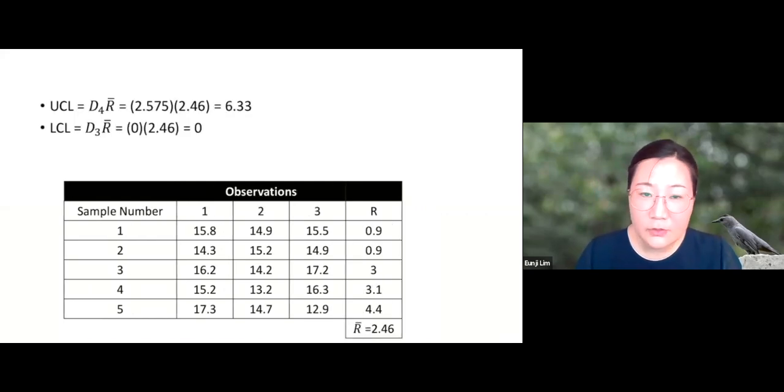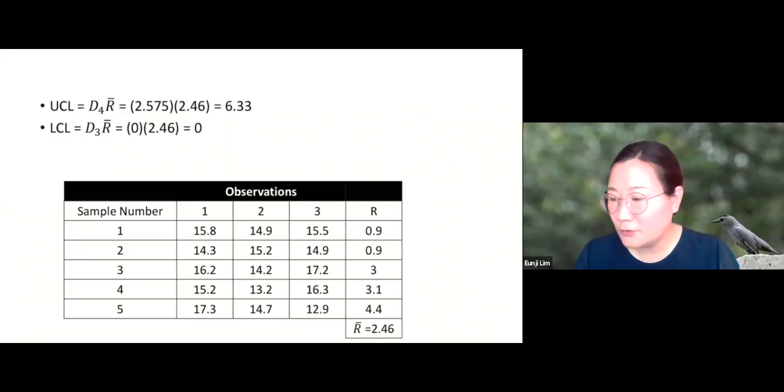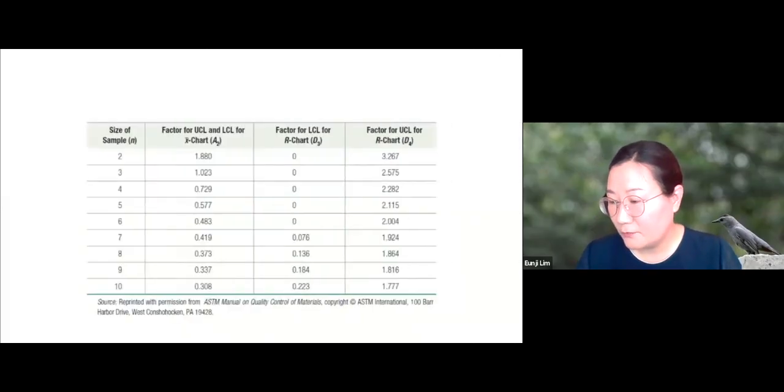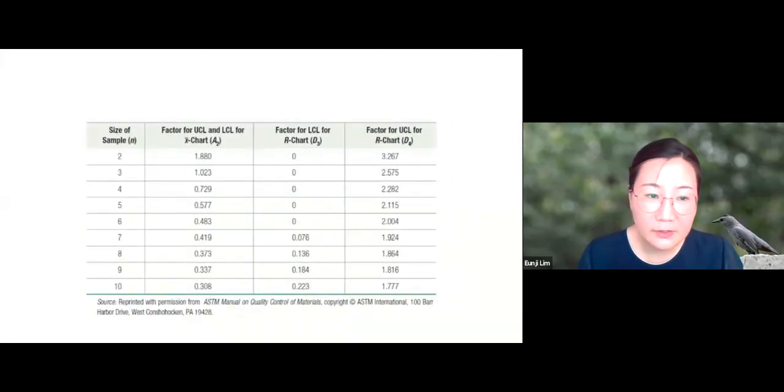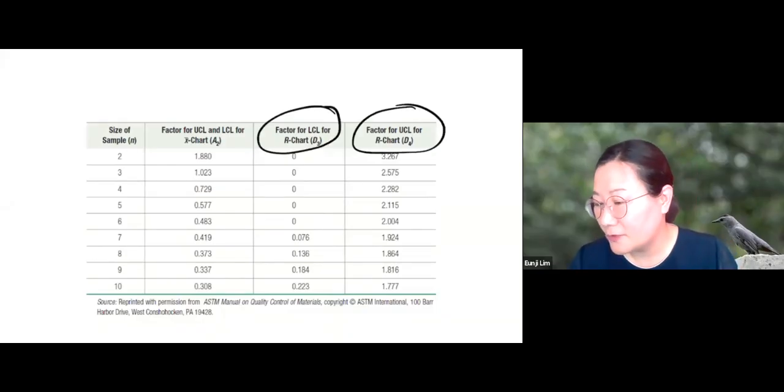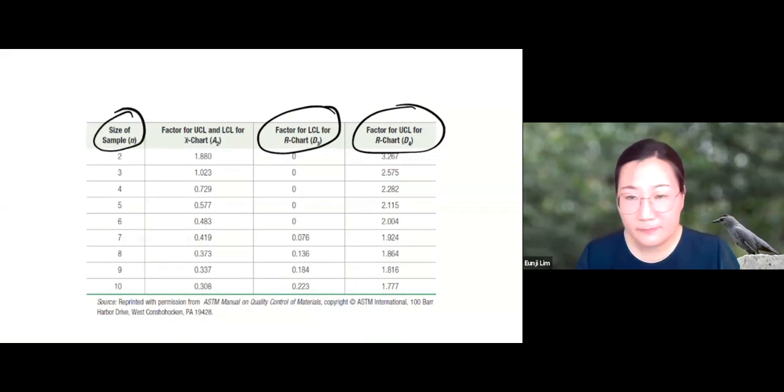And to compute the upper control limit and the lower control limit, we're going to use these formulas. We know where to find R bar right here. Now we need to find D4 and D3. Where can you find D4 and D3? In this table, D3 is right here, D4 is right here, and they depend on the size of the sample.